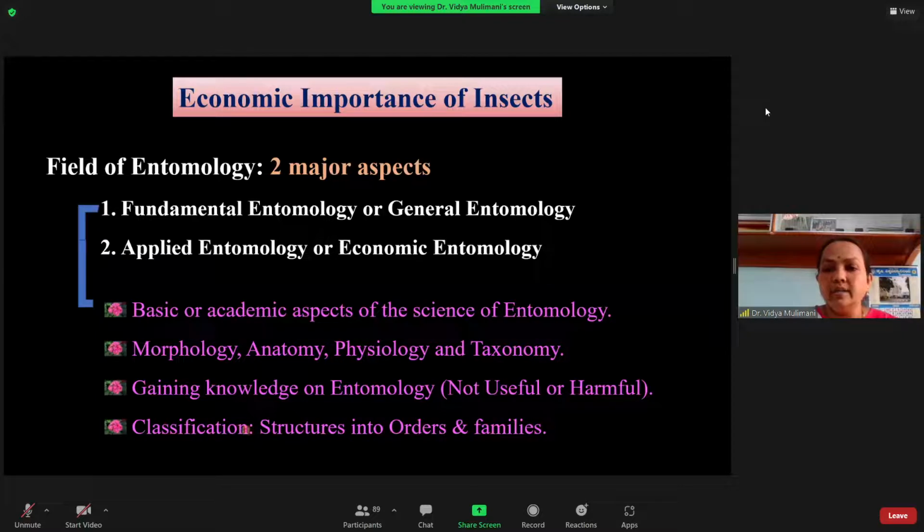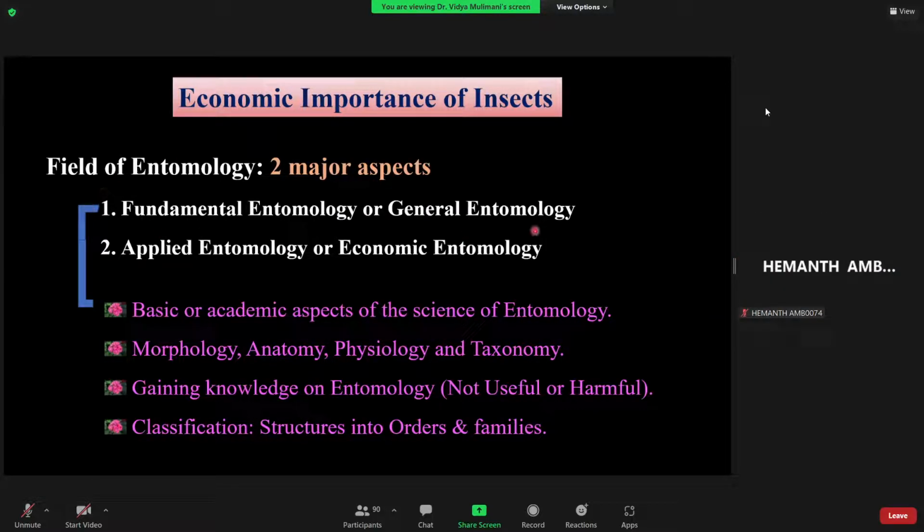Under the fundamental entomology, as I told you yesterday, the classification is mainly based on the structures or the morphological characters, and based on that you have studied many orders and families. So this is fundamental or general entomology. We are not dealing with the first part.